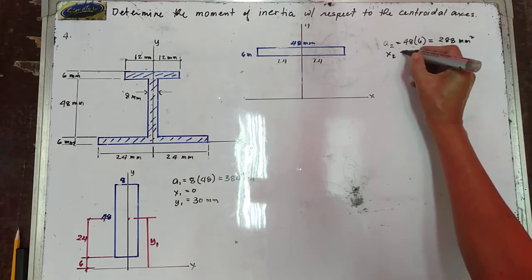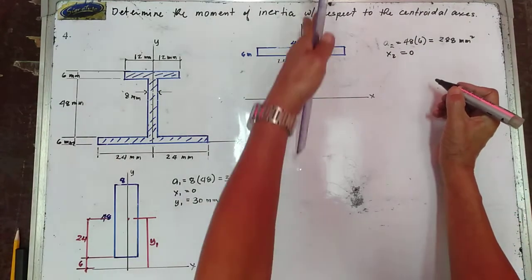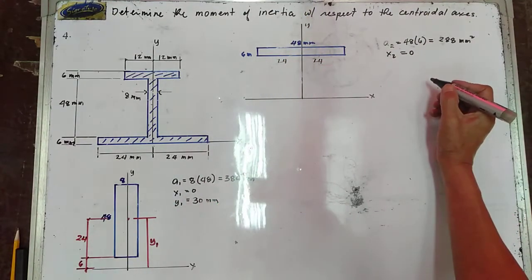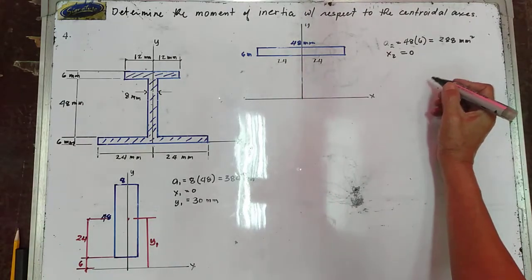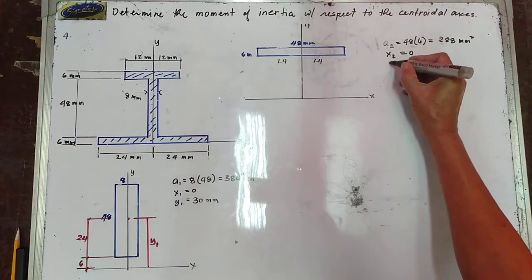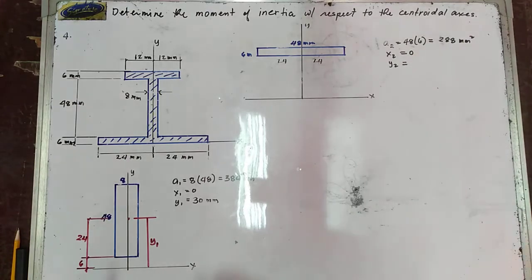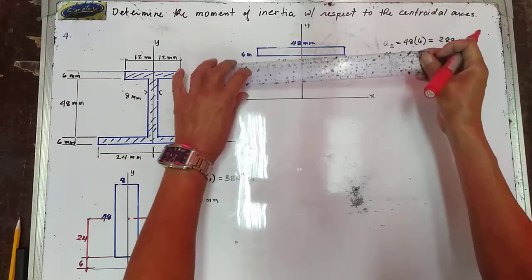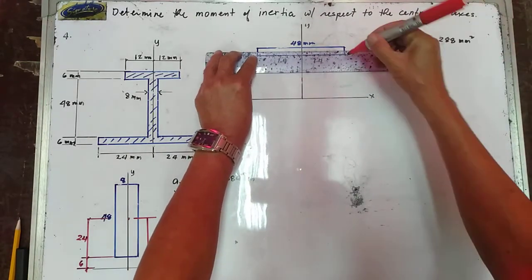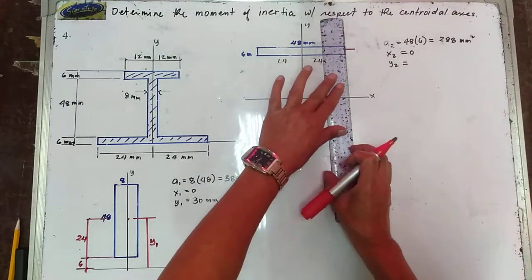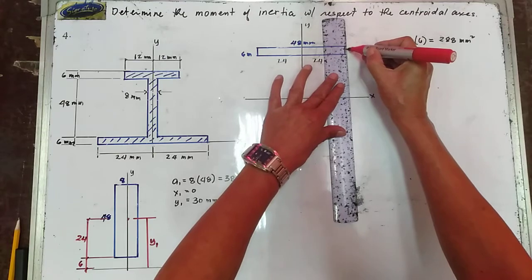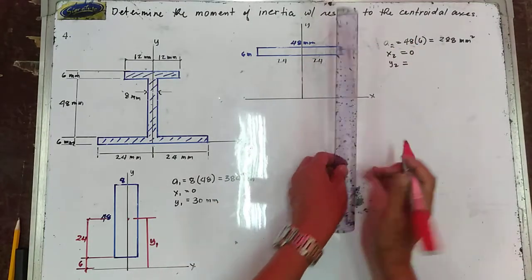Your x2 in here is 0 because your y-axis lies within the centroid of the area. So we have your y sub 2 from the centroid of the area. And then the distance is, so we have your y sub 2 from the x-axis.